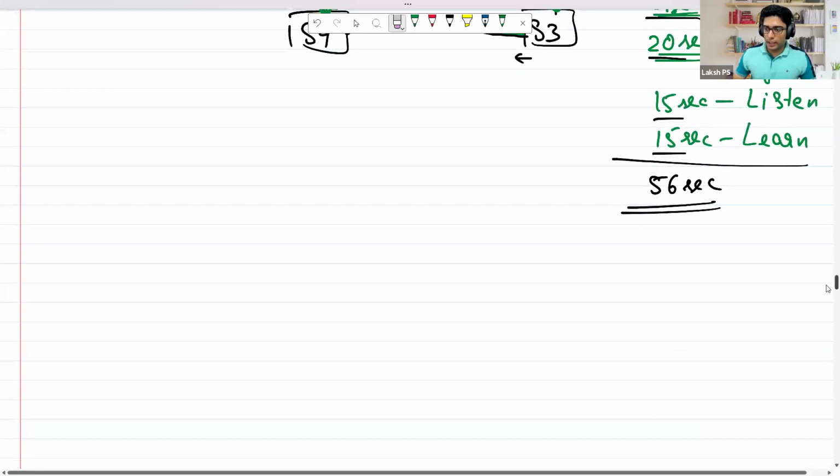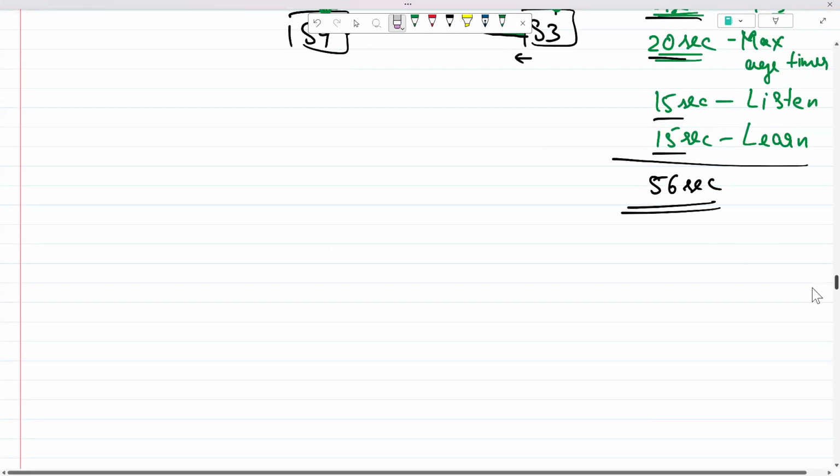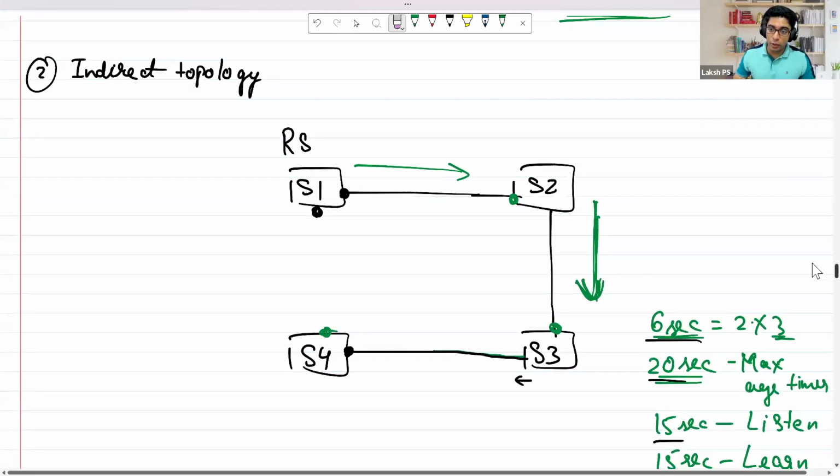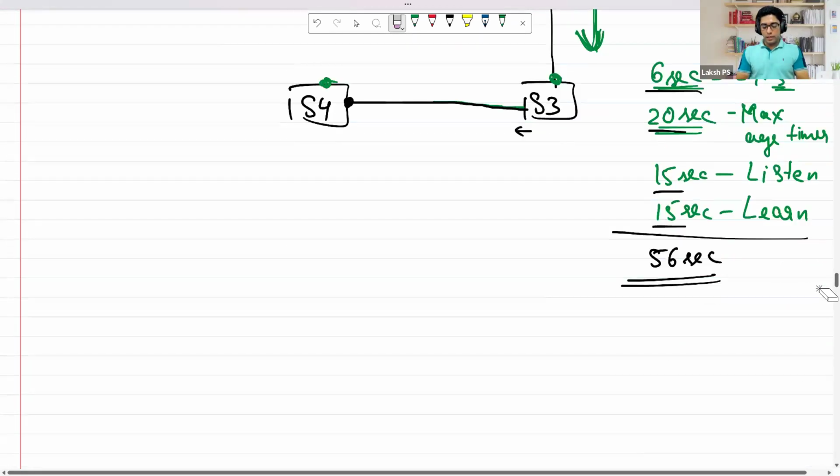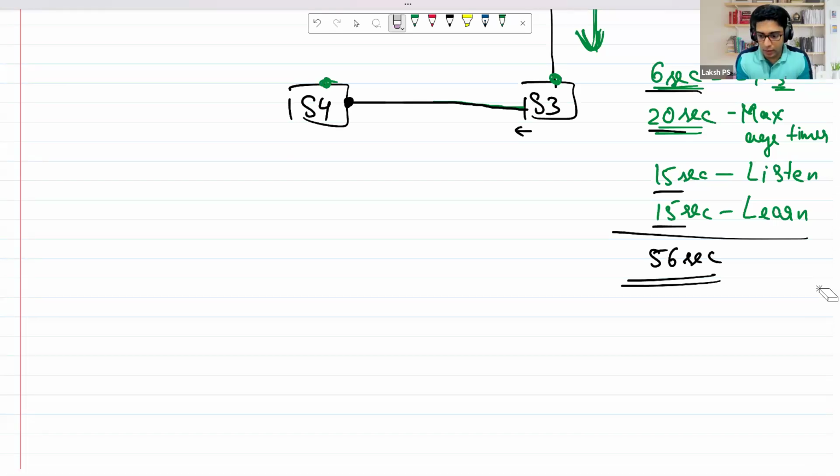Now, if you think from a real-time perspective, like today, 2nd June 2025, can we wait for 56 seconds, or can we even wait for 30 or 32 seconds? No, right? The moment we connect our mobile phone to the Wi-Fi router, we want it to be connected immediately.